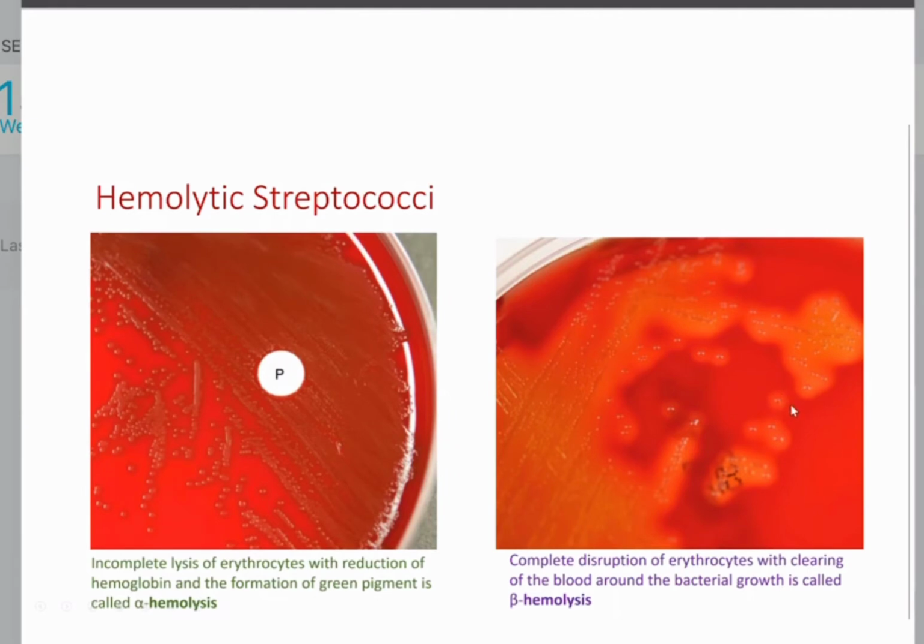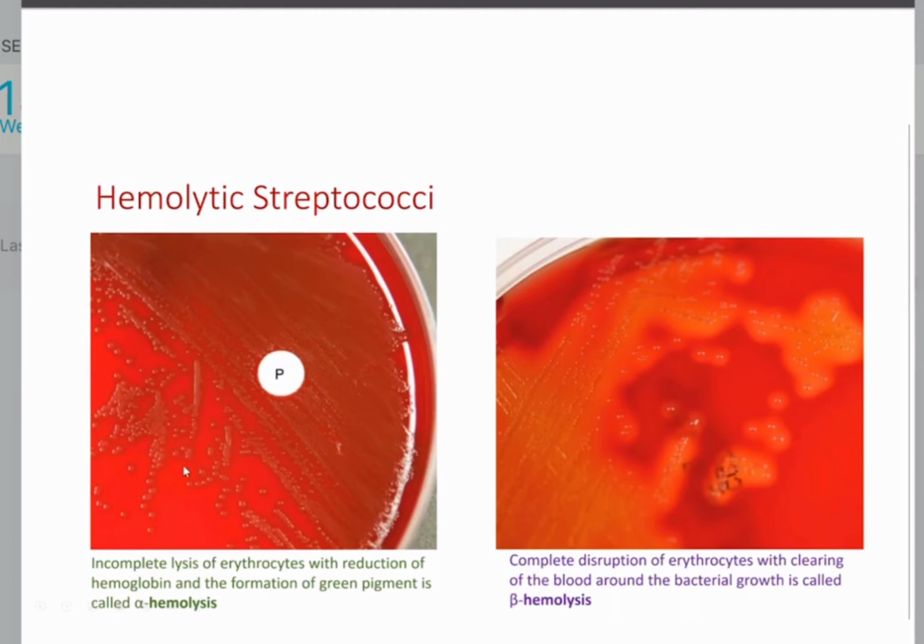Erythrocytes are completely disrupted with clearing of blood around the bacterial growth. This is known as beta hemolytic colonies. On the left hand side, the digestion is not complete. So lysis of RBCs is not complete, and the hemoglobin which is there is reduced, so it is giving you the green pigment.